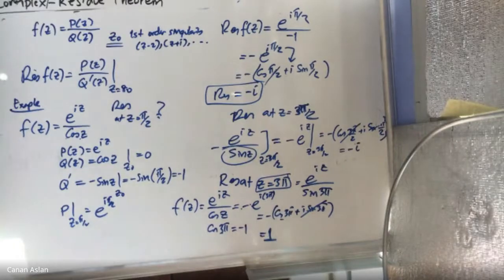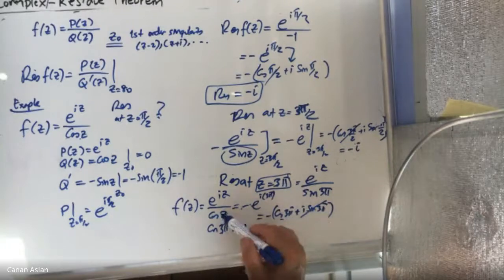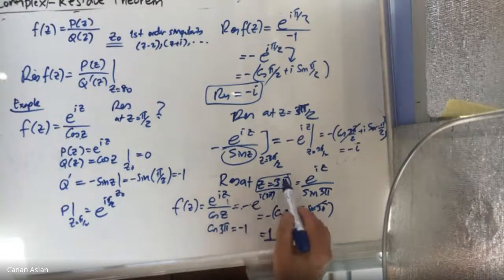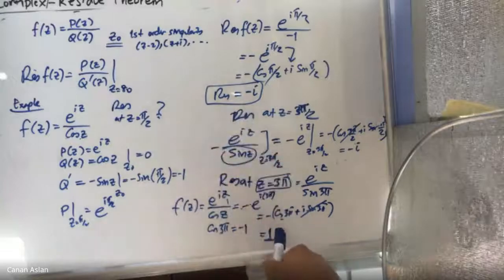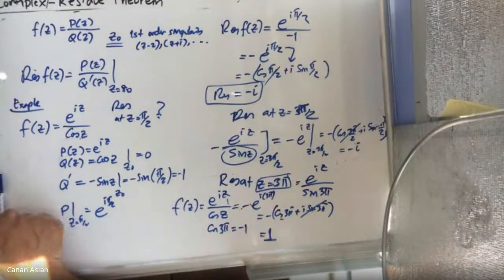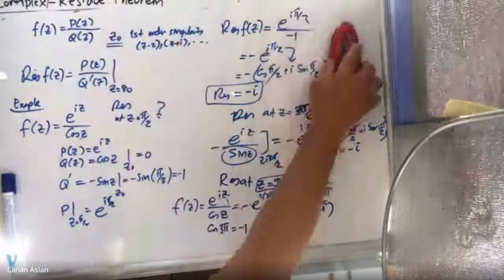As you see, for some cases, for instance, this is not the singular point. If this is not the singular point, the function can just be evaluated at this value, and then it gives you 1. So you don't need to get the residue for this, because it's not a singular point.